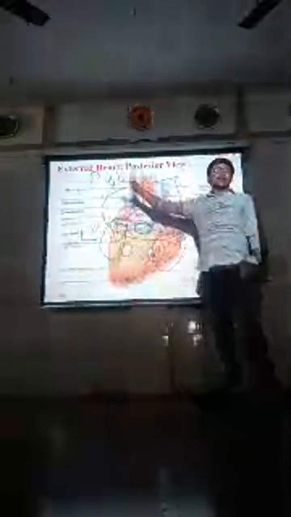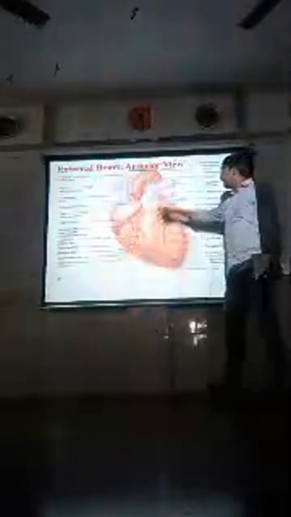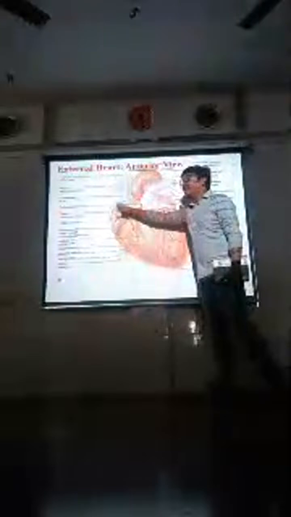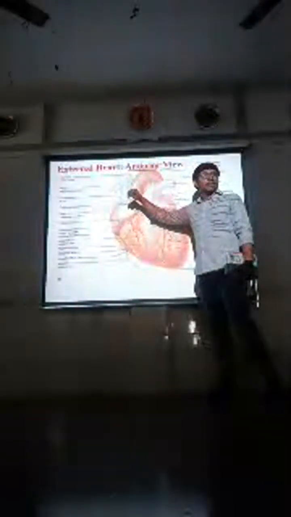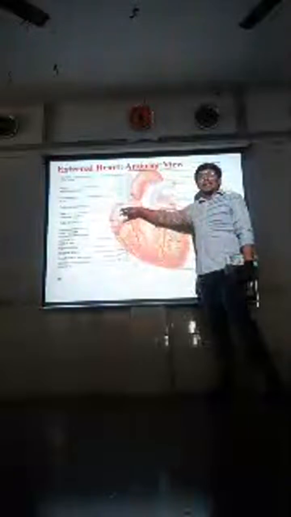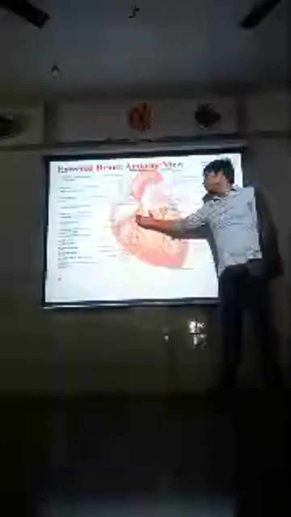This is the anterior view. But the impulse is generated in the right atrium, on the posterior back side of the heart. The AV node is also towards the posterior side, not towards the anterior side.